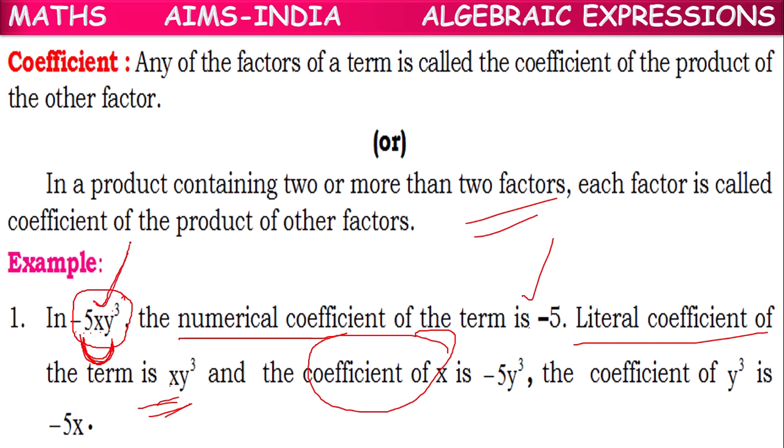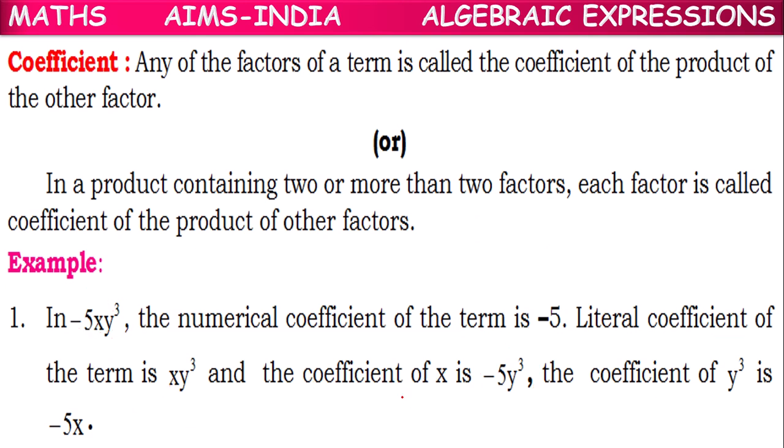If we exclude x, the remaining part is minus 5y cube, so minus 5y cube is the coefficient of x. If you want the coefficient of y cube, the remaining part is minus 5x. Like that, according to the requirement, we can have the coefficients.